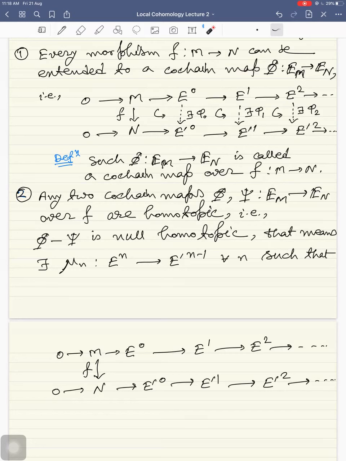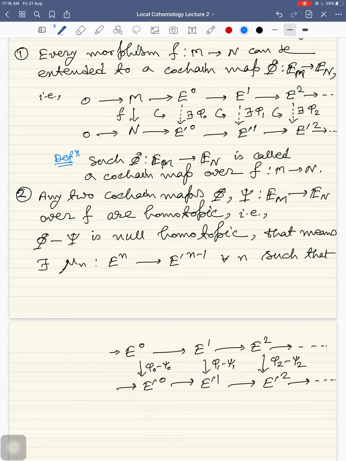And what is the meaning of that? That means if you consider this difference, let me write it here. It is phi naught minus psi naught. This one is phi 1 minus psi 1, and this is phi 2 minus psi 2, and so on. And we should write 0 here, since we are just considering these injective resolutions.